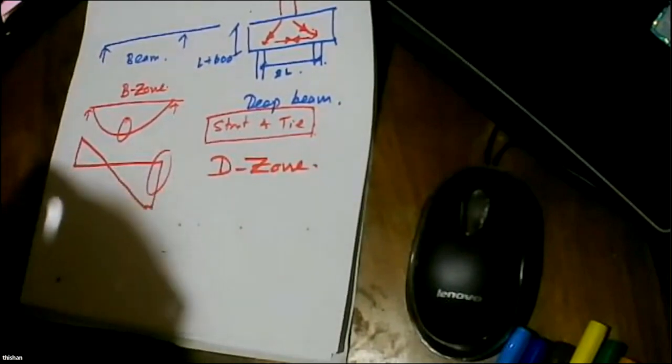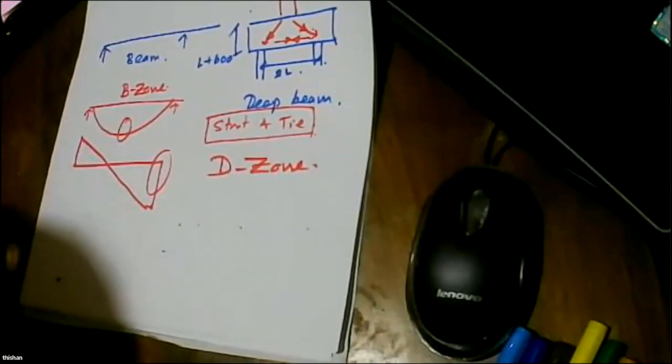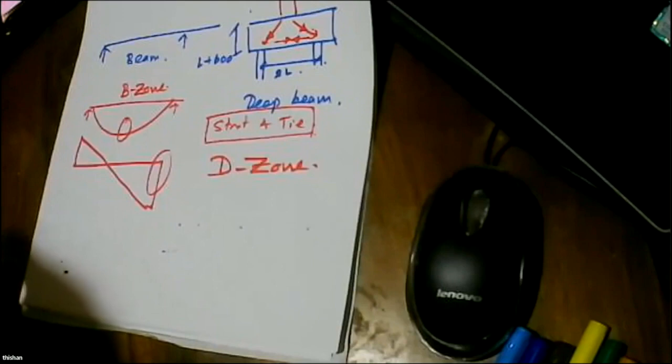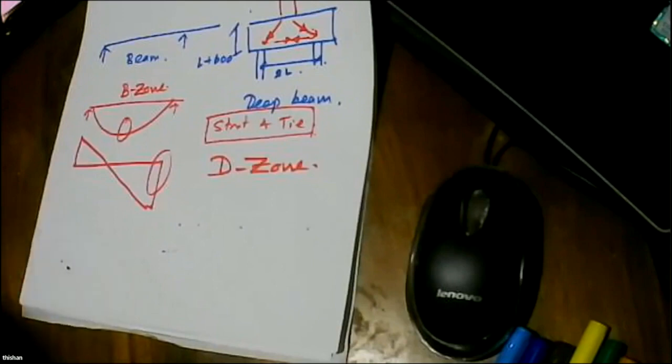Plane sections remain plane is applicable. Whereas in other places, it's D zones, we have to treat it in a separate way, right? And one good example is the design of a pile cap, where we use the strut and tie method. And the strut and tie method can be used in many other instances. I have given a detailed account of that in the note that I have shared.